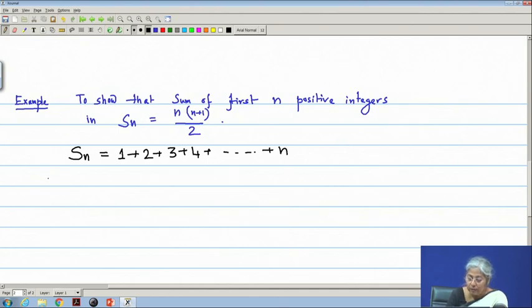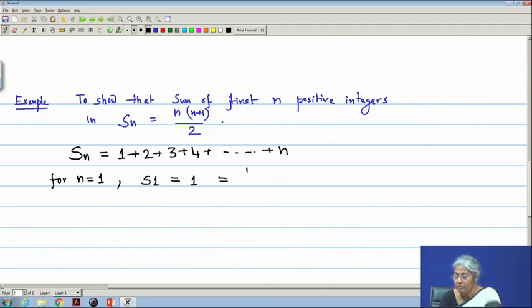For n equal to 1, S1 is only 1, which is 1 into 1 plus 1 by 2.